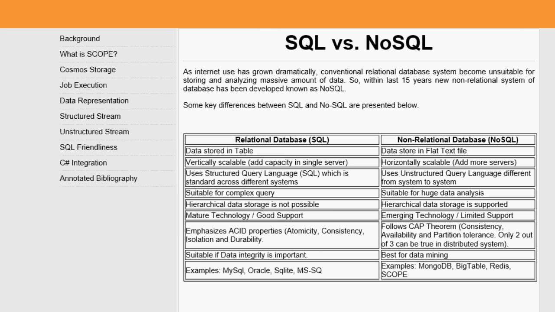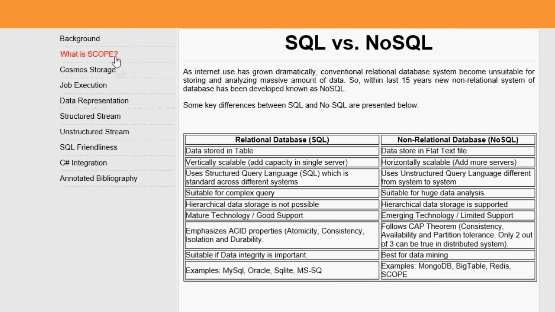So if data integrity is the most important thing, you have to use a relational database. But if you just need to do data mining analysis of huge data, then non-relational NoSQL is a good choice. Examples of relational databases are MySQL, Oracle, SQLite, and Microsoft SQL. Examples of NoSQL are MongoDB, Bigtable, Redis, and Scope.